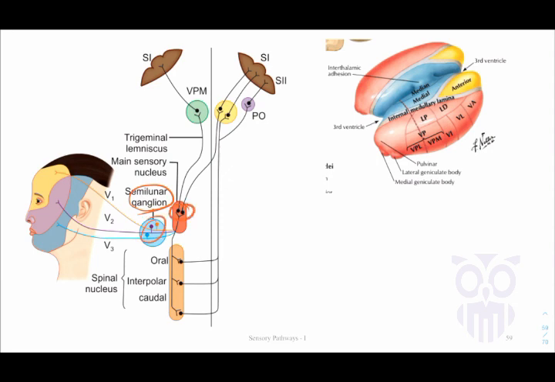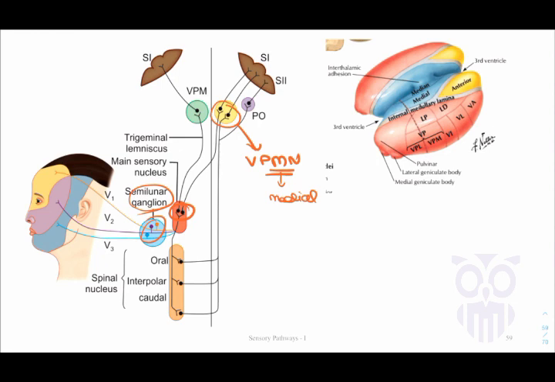Then they go to the second order neuron, the main sensory nucleus of the trigeminal nerve. Then finally they go to the thalamus, where? The ventral posteromedial nucleus. This is medial, but for the dorsal column and spinothalamic pathways they went to the ventral posterolateral nucleus.